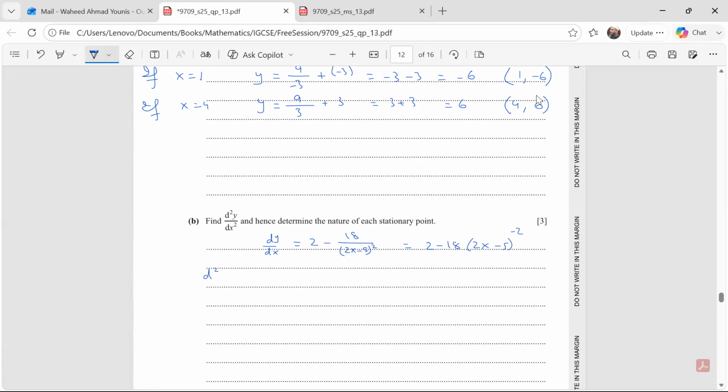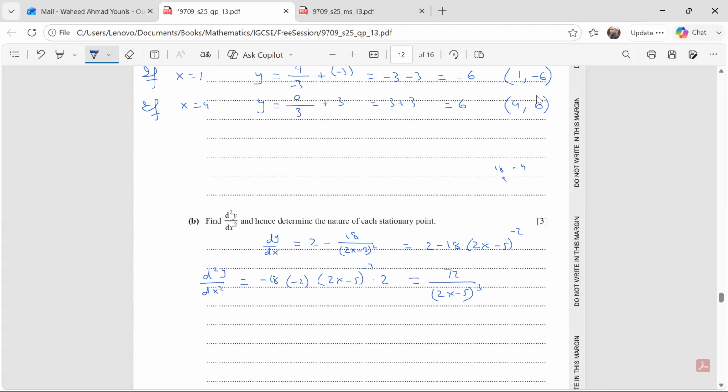When I differentiate a second time, d²y/dx² is equal to 0, and −18 times −2, then (2x − 5)^−3, and the derivative of the inside is 2. So it is going to be 18 times 4. How much is this? This is 72, am I right? 72 over (2x − 5) cubed.